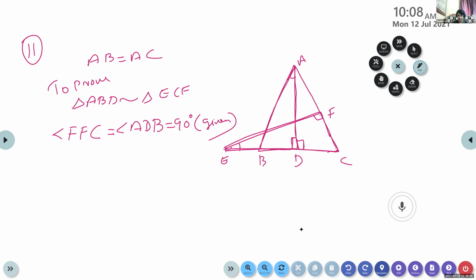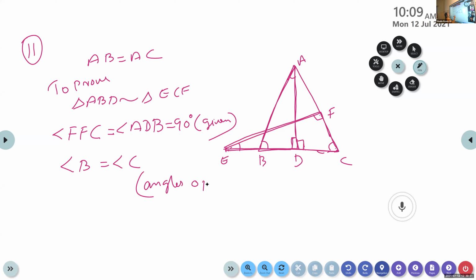Yes, angle B and angle C are equal because AB equal to AC. In an isosceles triangle, angles opposite to equal sides, the base angles, are equal. Correct. So we can write angle B equal to angle C. What is the reason? Angles opposite to equal sides.